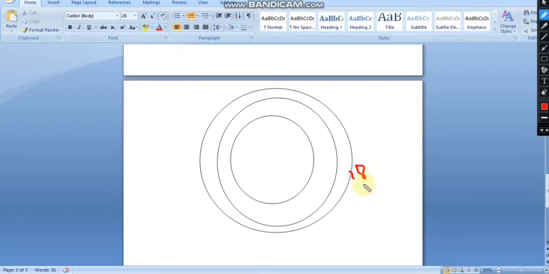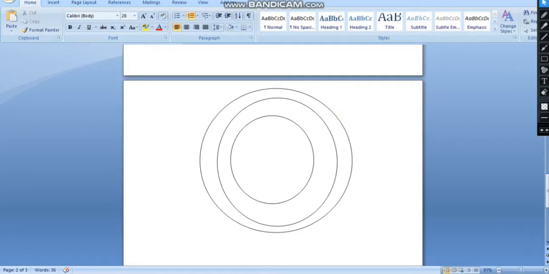But now in the statement we have learned that if the last orbit has 1, 2 or 3 electrons, then it is called metal, or it can donate.